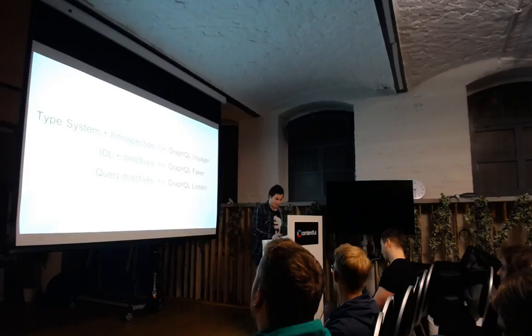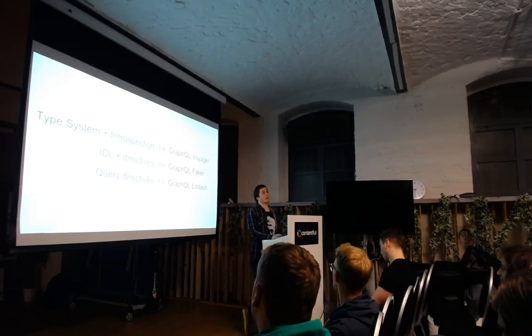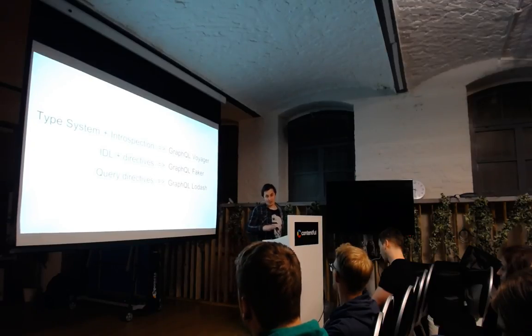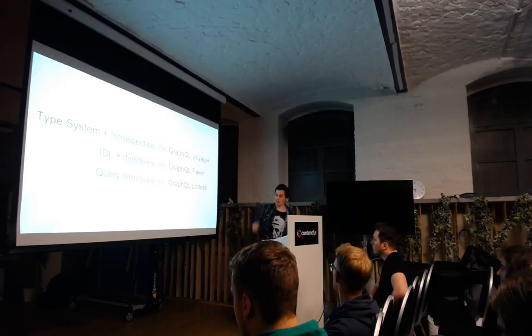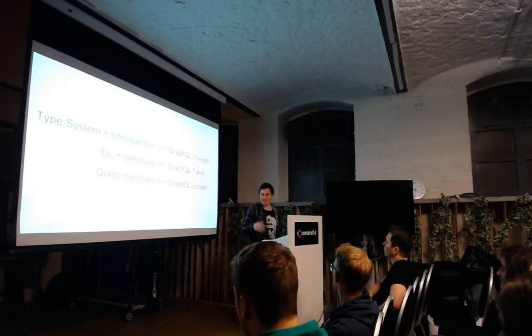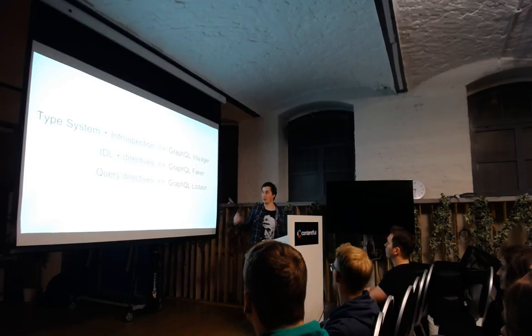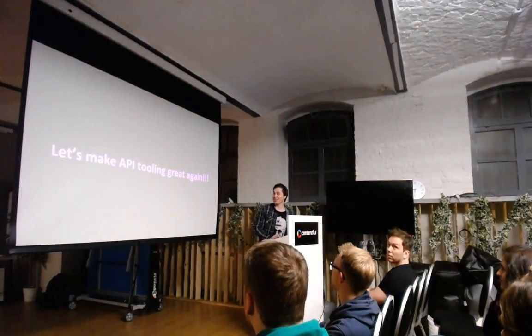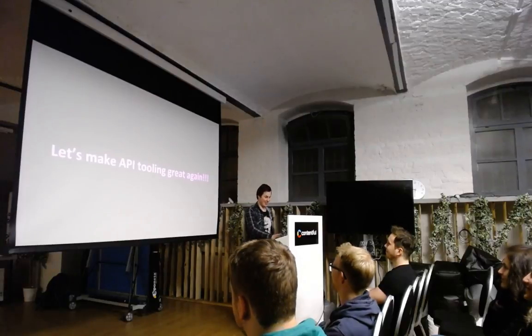What we wanted to say is that GraphQL has a lot of great features for API tooling. We believe it will bring API tooling to the next level. So let's make API tooling very good, guys.